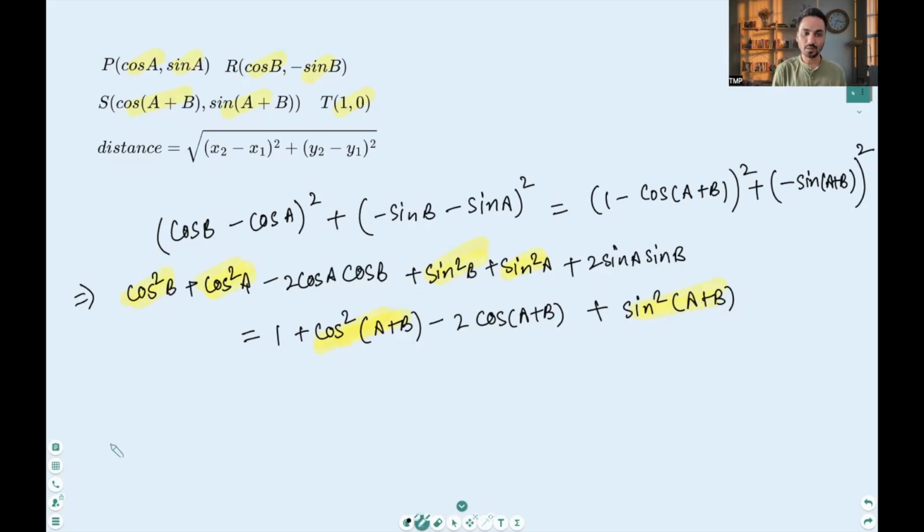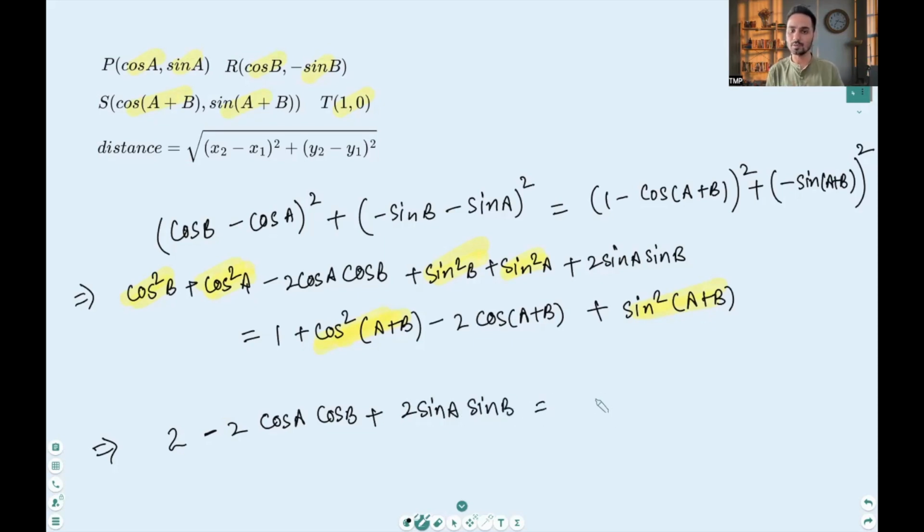That means we have the left-hand side as 2 minus 2 cos A cos B plus 2 sine A sine B. And on the right hand side, you have 2 minus 2 cos (A plus B).